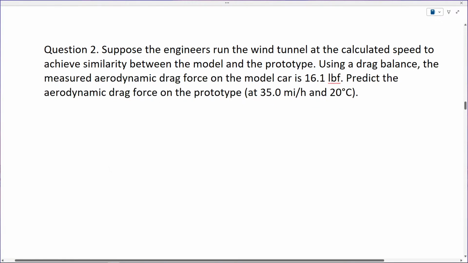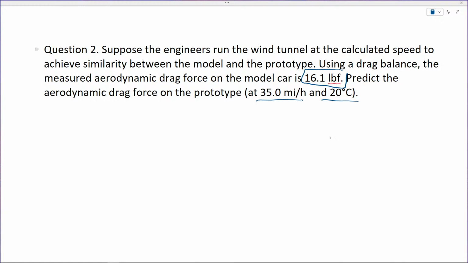Using the drag balance, the measured aerodynamic drag force in the model car is given in pound force. That is the drag force that we measured in the wind tunnel using a drag balance. Predict the aerodynamic drag force of the prototype at this velocity and this temperature.